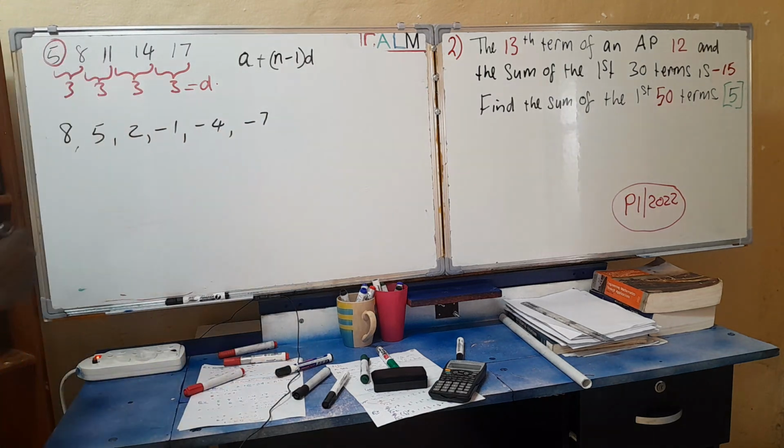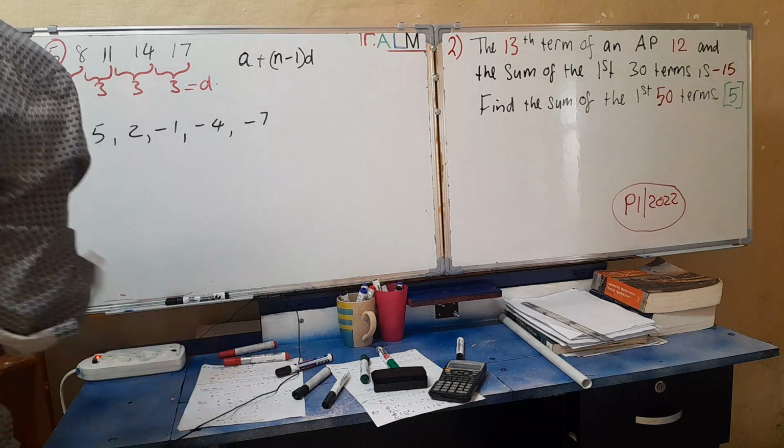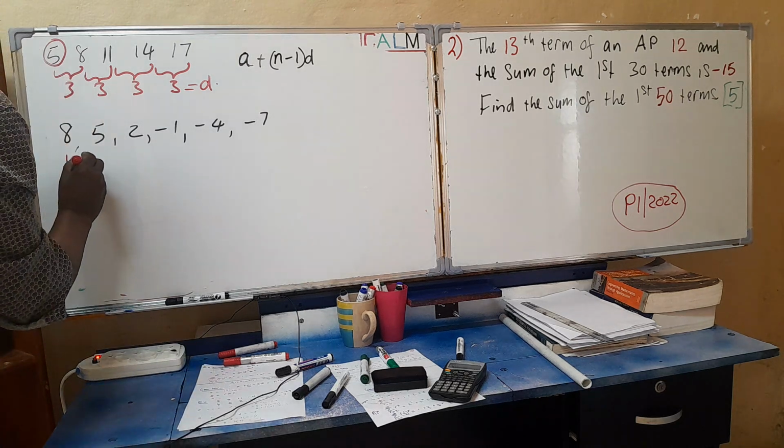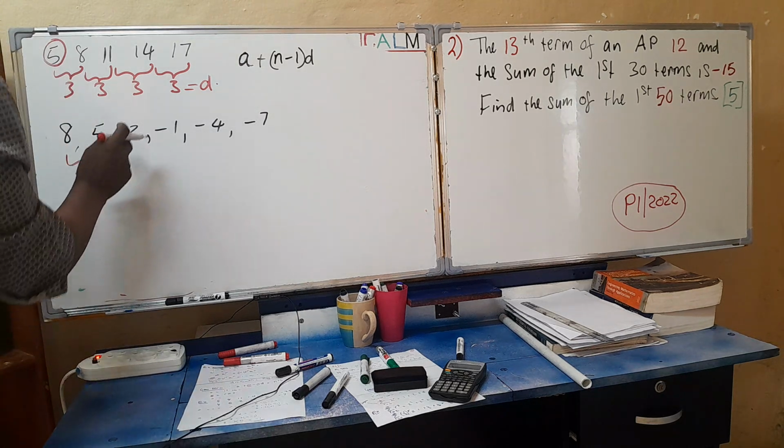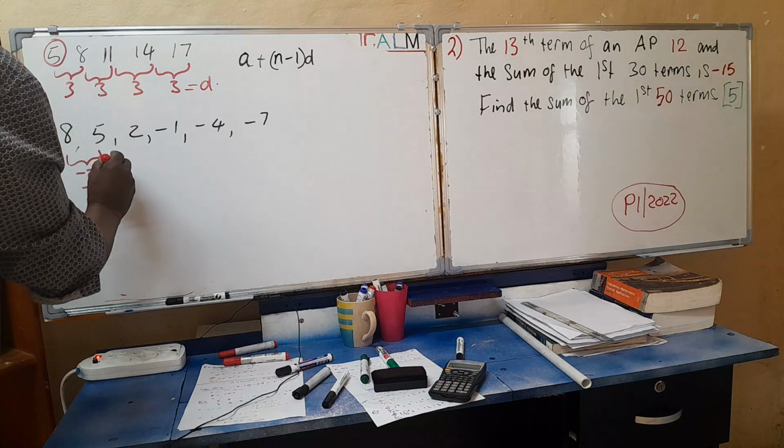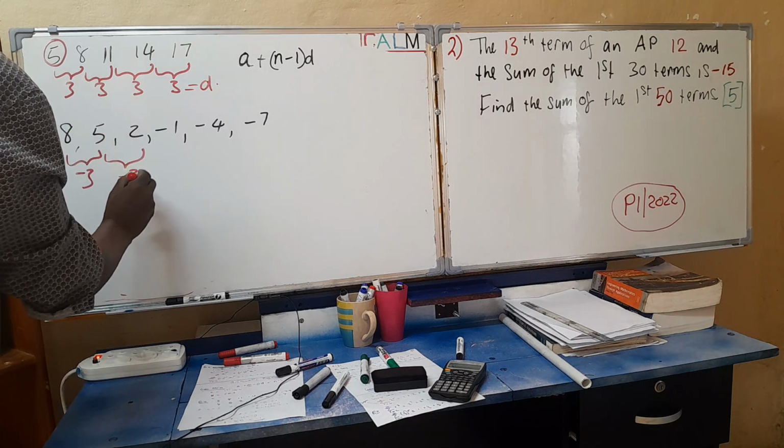This again is an arithmetic progression because 5 minus 8 is equal to minus 3. 2 minus 5 is equal to minus 3.